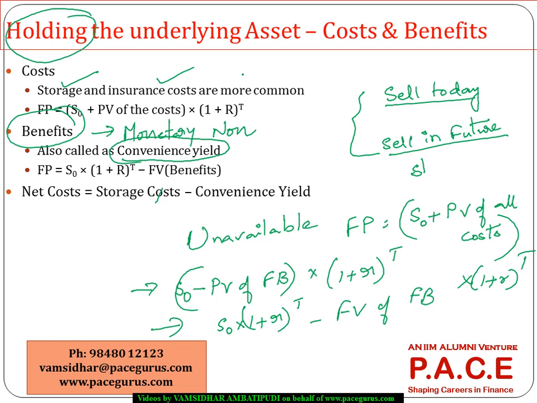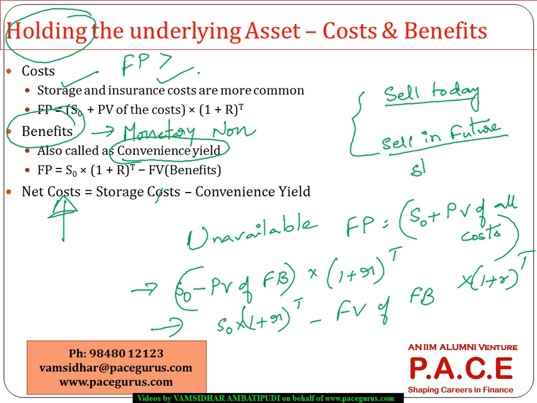When I am holding the asset, what we are discussing is there are possibilities of some costs, there are possibilities of some benefits that I can get. So the net cost for me is always the storage cost minus the convenience yield, which can work out to be either positive or negative. If it is positive, it means my costs are more than the convenience yield, so my futures price should be much greater.